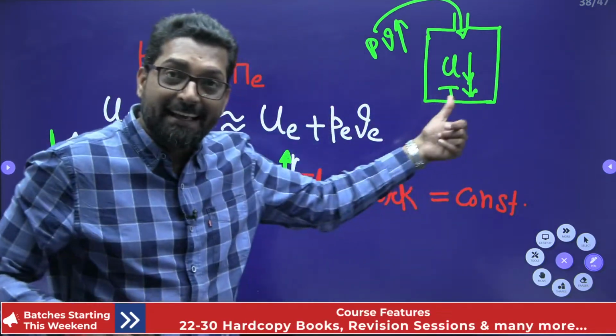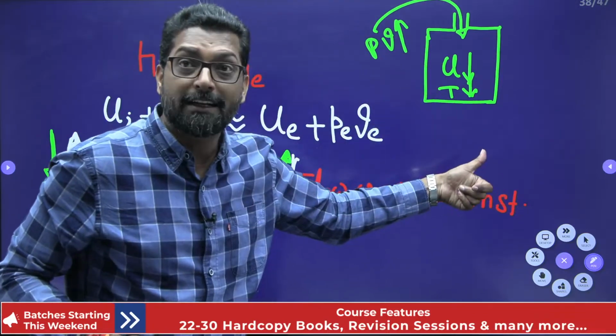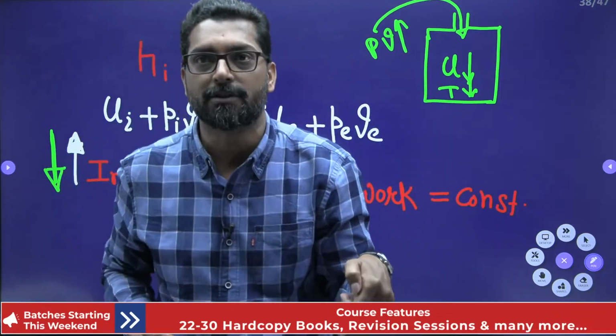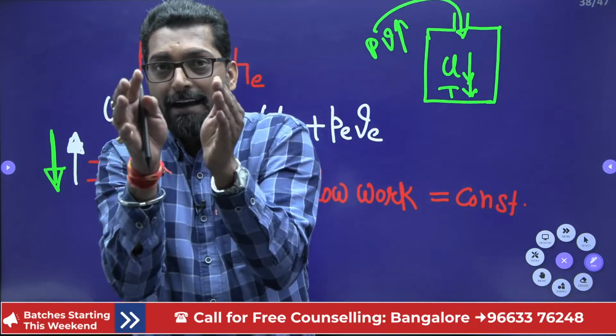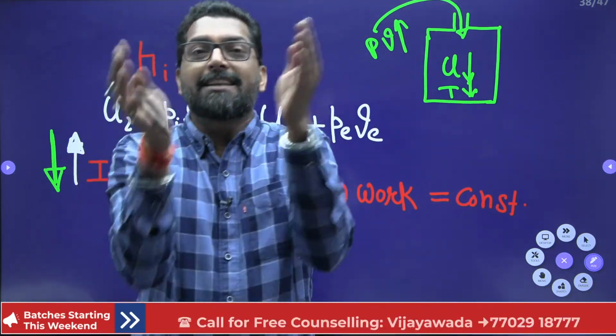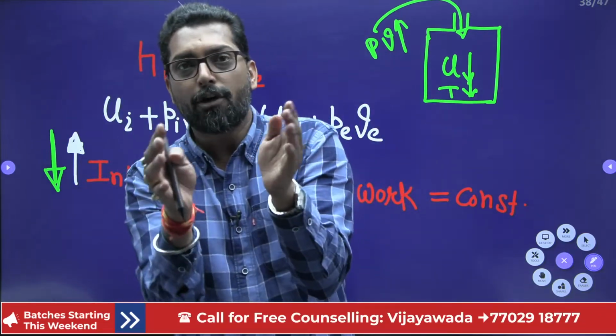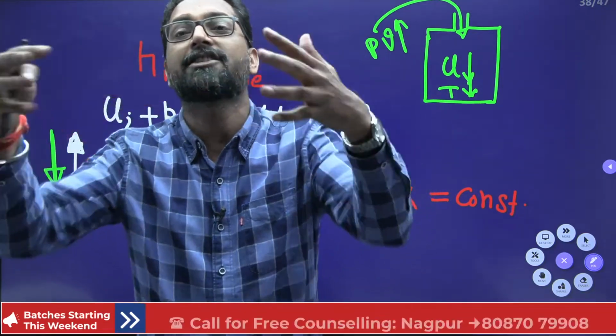But throttling is a highly irreversible process. That means there must be dissipation. Someone may say, sir, apply the Bernoulli equation in the throttling. No. Why? Because Bernoulli disregards the dissipation effect.